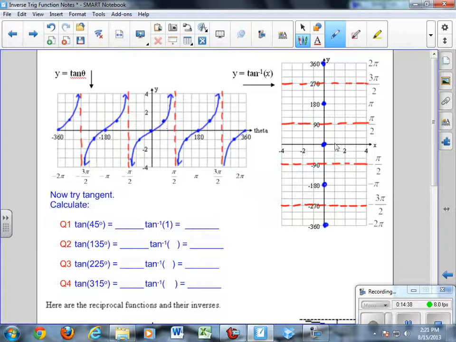So I go to 1 on my x-axis, and that takes me to pi over 4 right here. And I go to negative 1, and it takes me to negative pi over 4. And I'm just going to draw them, kind of freehand them here. Here are the different curves that I get for inverse tangent.